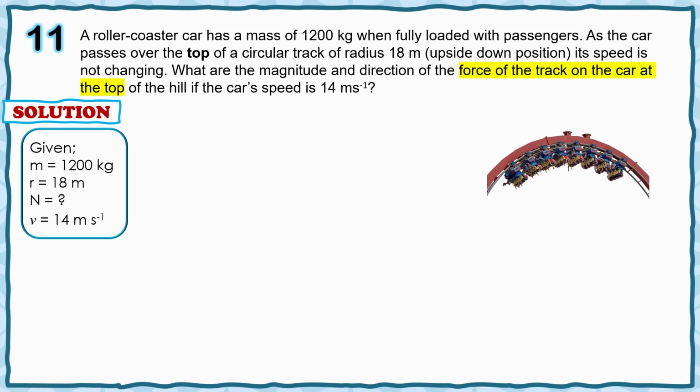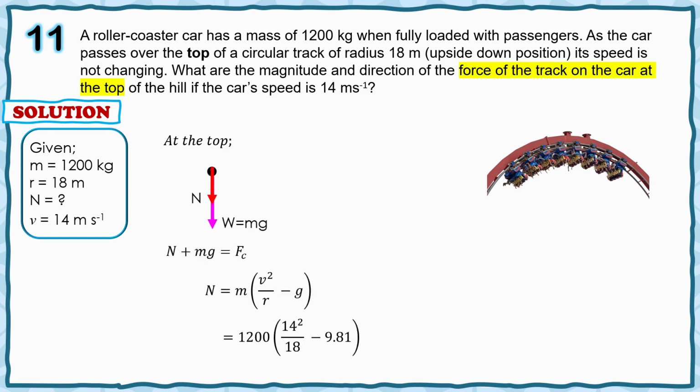So how to calculate? As usual, when you want to form the equation, you need to sketch the correct free body diagram. At the top, the normal force is downward because the car is now upside down, same direction as the weight, which is toward the center of the circular path of the roller coaster.